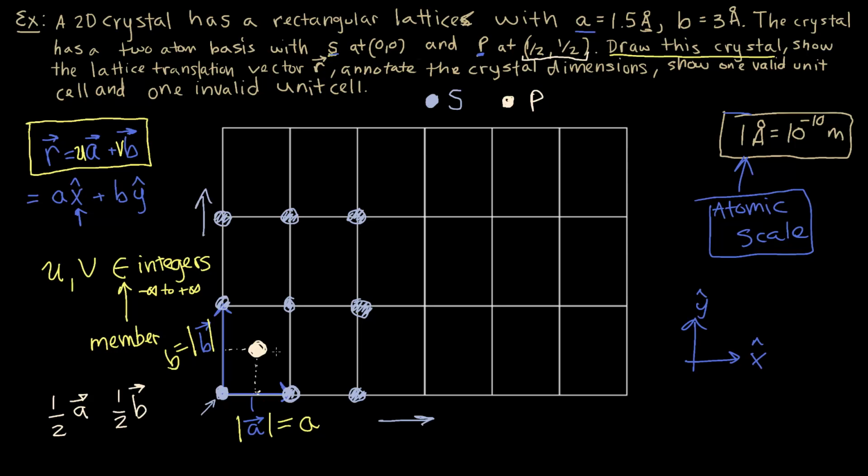Remembering the concept of a basis, our basis is assigned to each lattice point, which is this rectangular grid. So we can continue this logic and put a P atom in the center of each set of 4 S atoms. And this will continue to infinity.